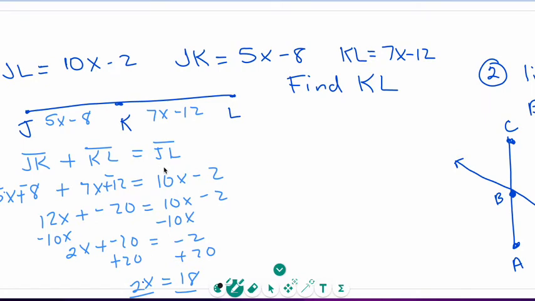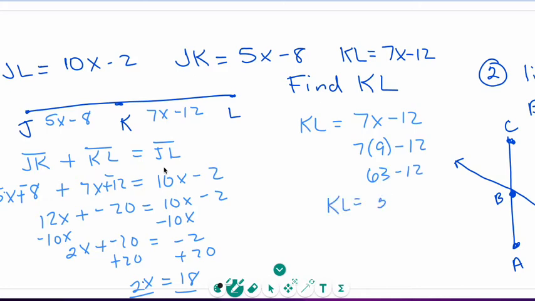I'm going to come up here and I am looking for KL is equal to 7x minus 12. 7 times 9 minus 12. 63 minus 12 gives me KL is equal to 51.